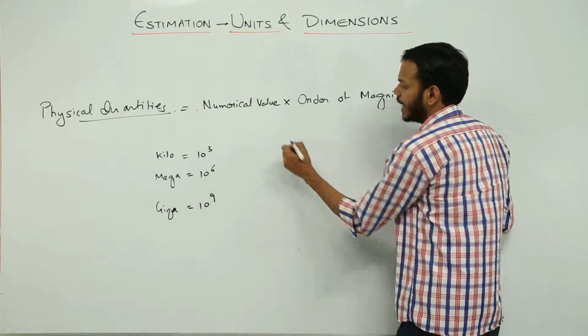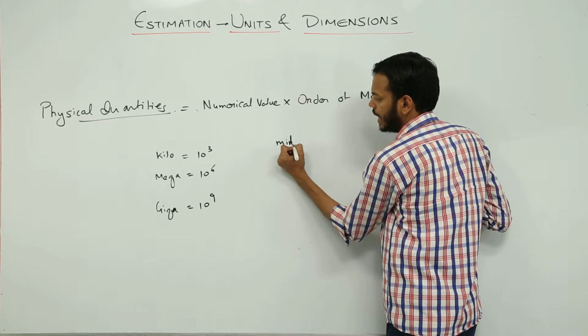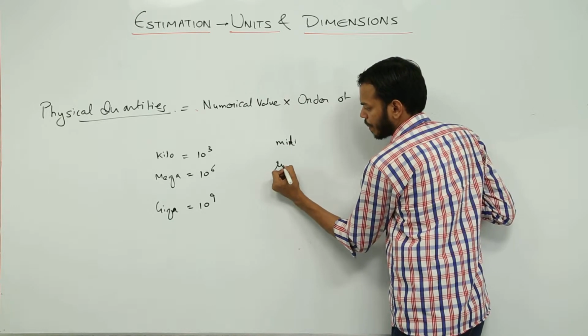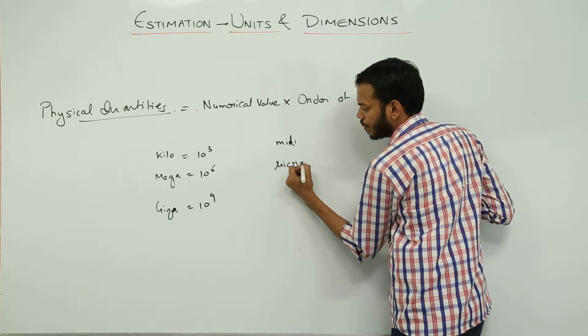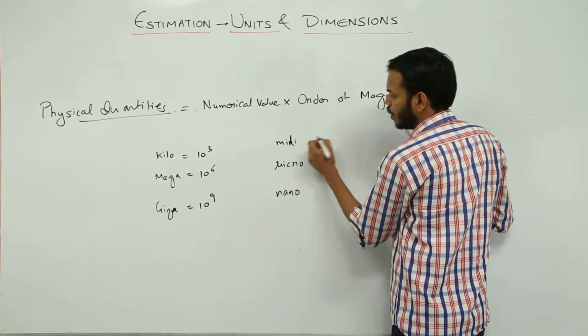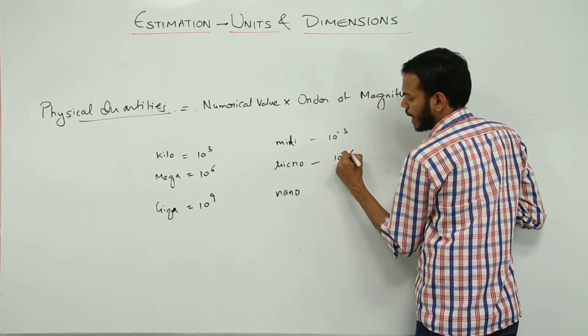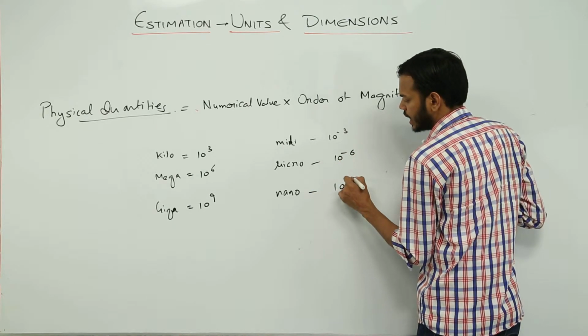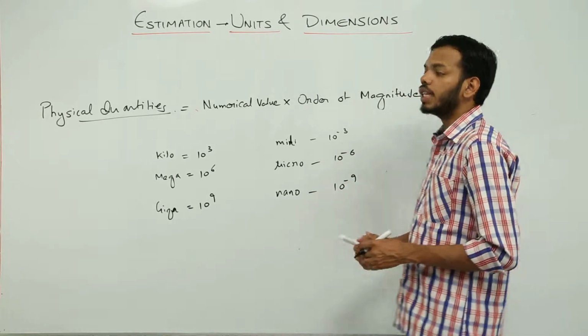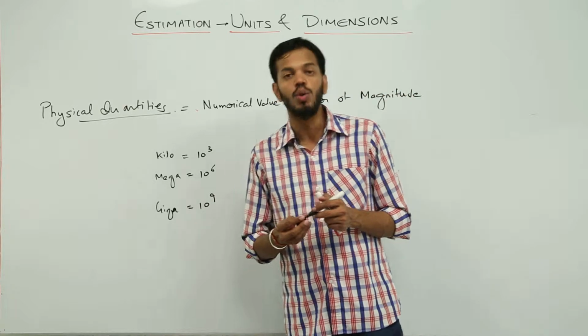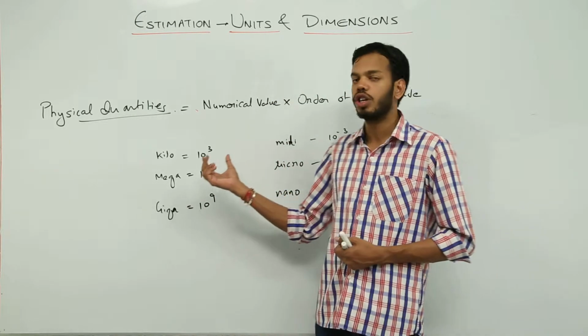Whereas if I write milli, micro, nano, milli is 10 raised to power minus 3, micro is 10 raised to power minus 6, whereas nano is 10 raised to power minus 9. So these are prefixes which we use if I have to state the order of magnitude of something.